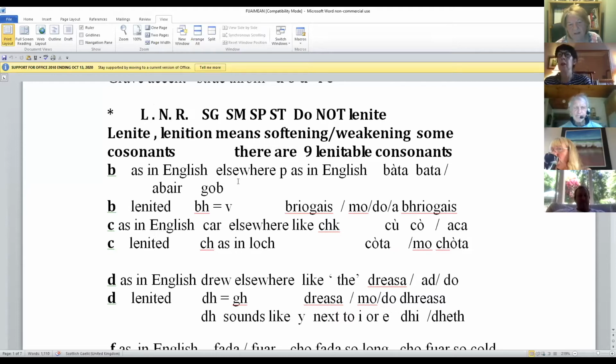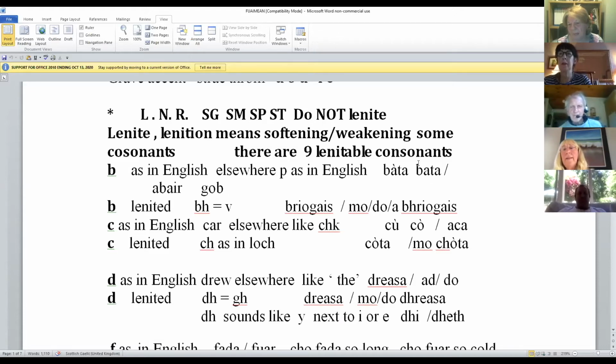Elsewhere you have a P sound in it. So here we have the word bate, and the next word looks the same, but one has a strak on it and the other doesn't. So bate and bachte. Make sure when you have a grave, it's long. I want you to say the two words together and see if you have the difference in the sound.